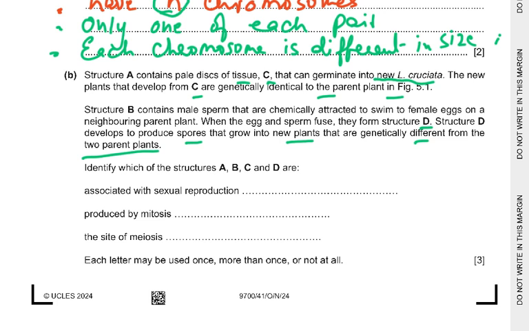Identify which of the structures A, B, C, and D are associated with sexual reproduction: B and D, right? Produced by mitosis: A, B, C, D. And the site of meiosis is only D. Each letter may be used once, more than once, or not at all.